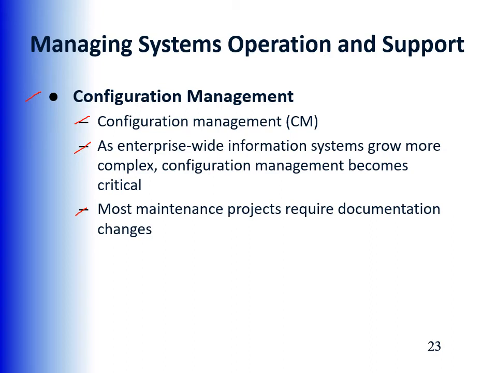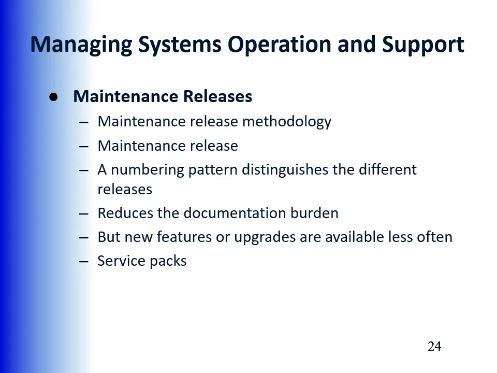Keeping track of maintenance changes and updates can be difficult, especially for a complex system. Maintenance release technology is used to keep track of maintenance changes. Each change is documented and installed as a new version of a system, which is called a maintenance release.